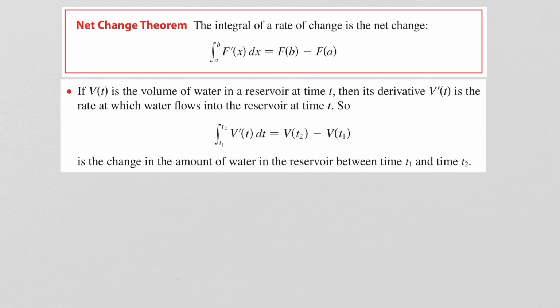In other words, if we integrate the rate of change of the water flowing into the reservoir, we get the net change of the volume of that water. So in other words, if the volume went up over that time period, this would be a positive number. If the volume decreased over that time period, then this would be a negative number. So the net change just takes the initial quantity subtracted from the ending quantity.